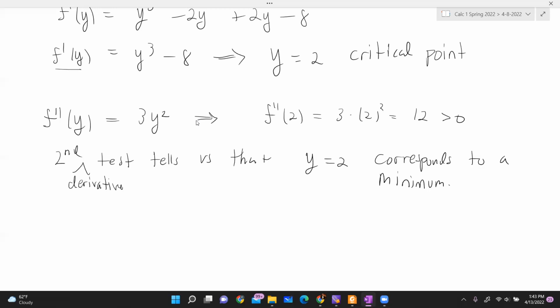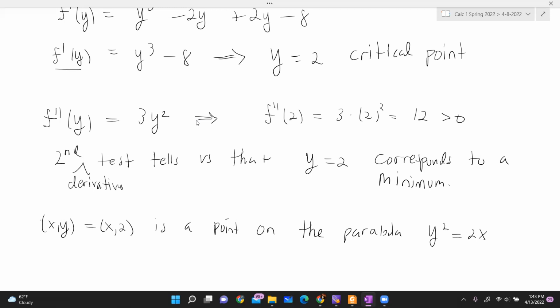Now we know the y coordinate, so now we can get the x coordinate. Recall x comma y, so x comma 2 is a point on the parabola y squared is equal to 2x.